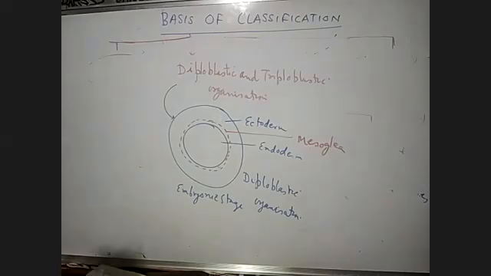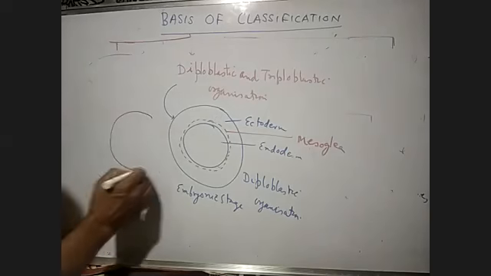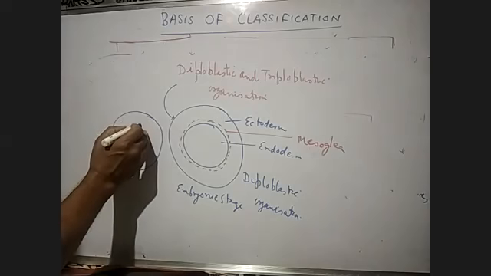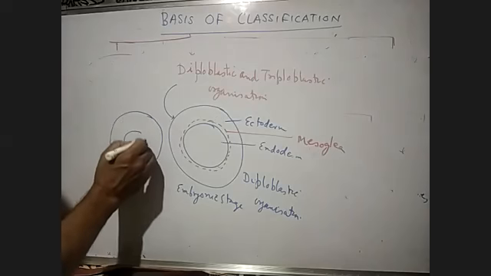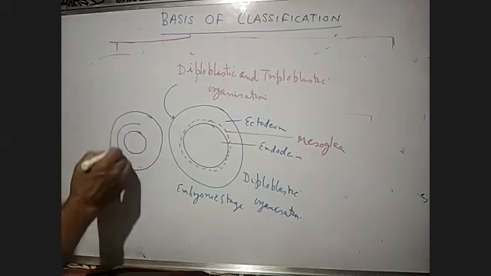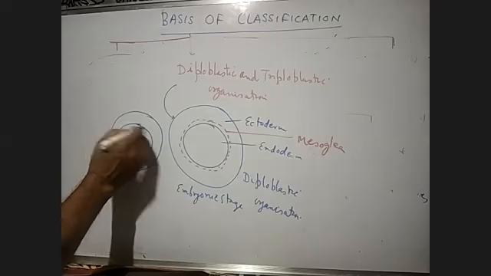Then we have the triploblastic organization. If the embryo has three germinal layers, we can say that it has the ectoderm, endoderm, and in between it also has mesoderm.